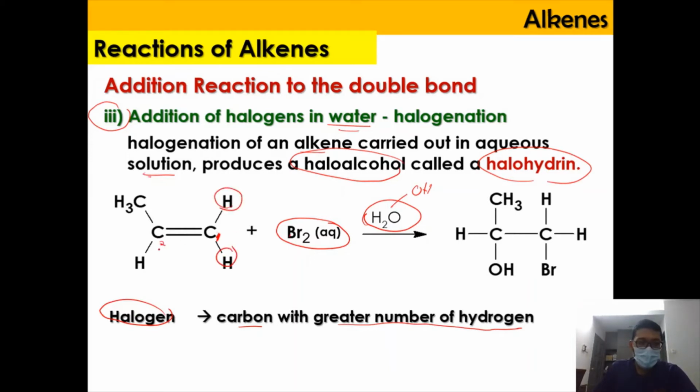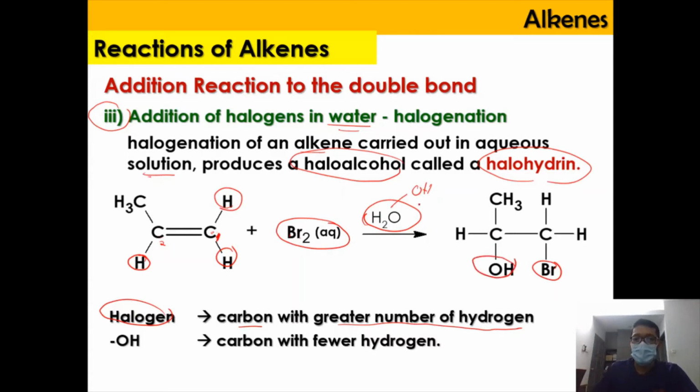Carbon number 2 has only 1 hydrogen. So Br is going to attach to the carbon with the greater number of hydrogens, so Br is attached here. Meanwhile, OH is going to be attached at the carbon with fewer hydrogens. So OH, which is the component of water, attaches at carbon number 2 here.